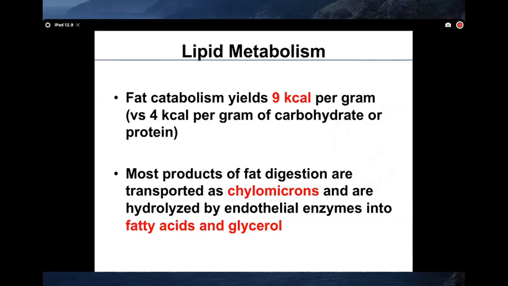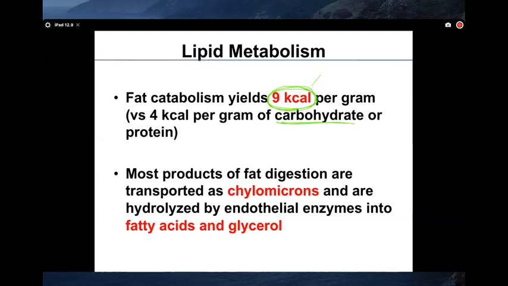For the lipid metabolism, each gram of fat actually is going to be yielding almost double the amount of energy that can be produced from a gram of carbohydrates or a gram of proteins.